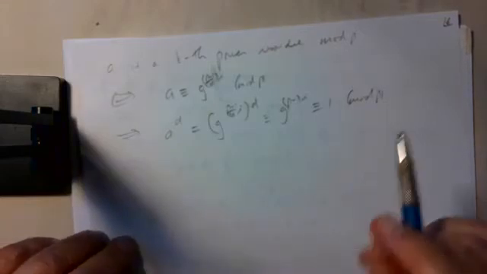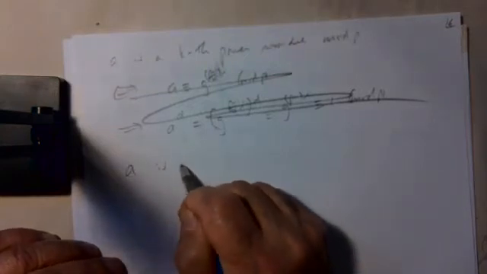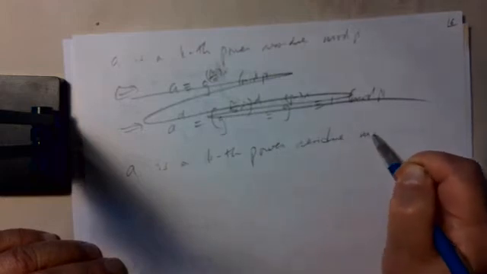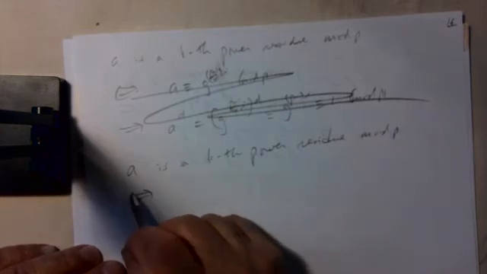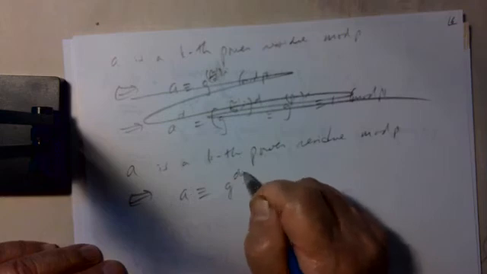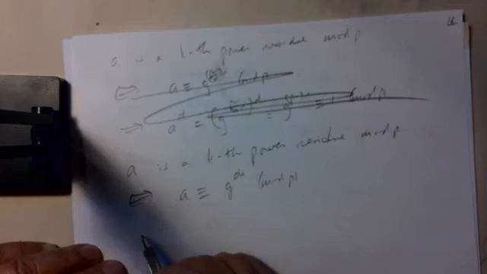Let me say this properly. What are the kth power residues? They're the powers of g to the d. So a is a kth power residue mod p if and only if a is congruent to g, the primitive root, to a power d times i mod p.